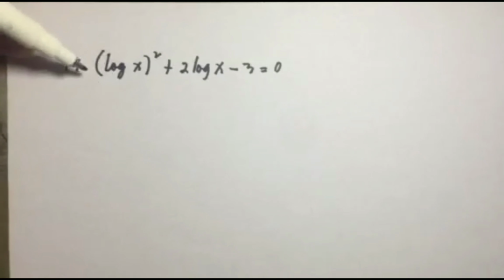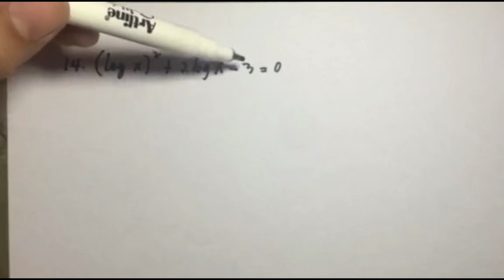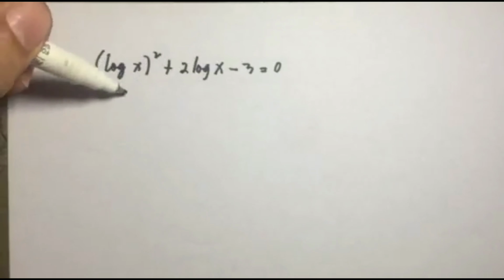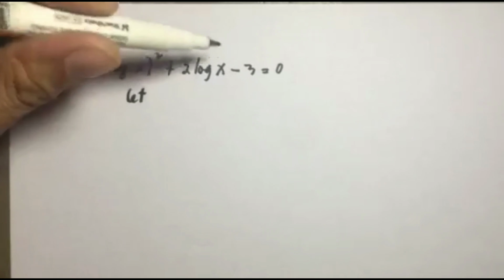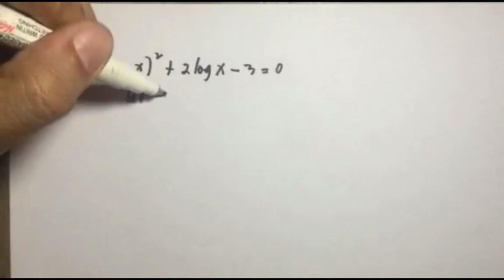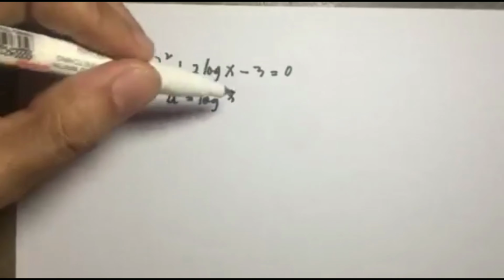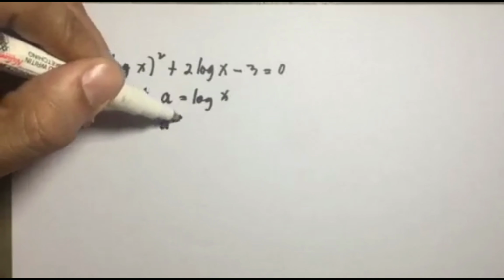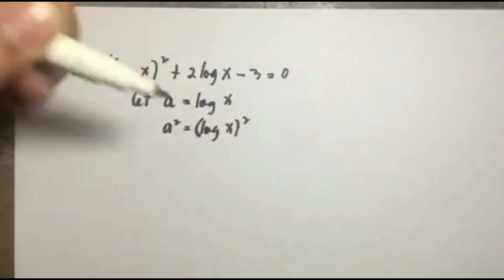So, from here, as you can see, parang there is a quadratic term, merong linear term, tapos may constant term doon. When we let x, or when we let ibang variable, kasi naka-x na pala doon, no? When we let a equals to logarithm of x, therefore, our a square is logarithm of x square.